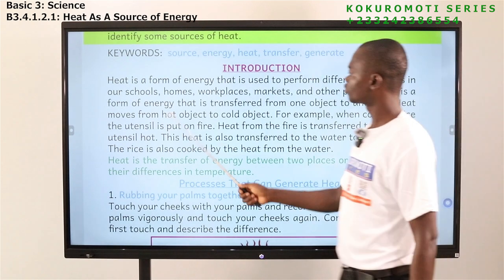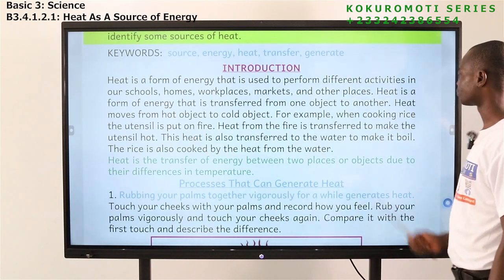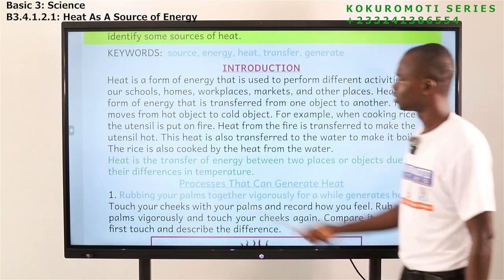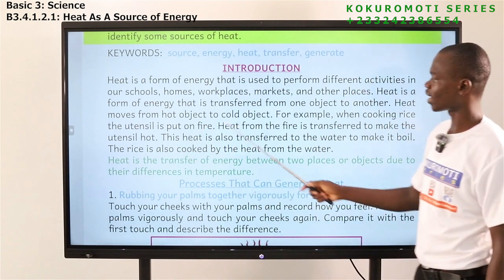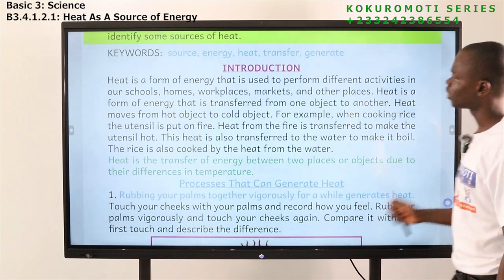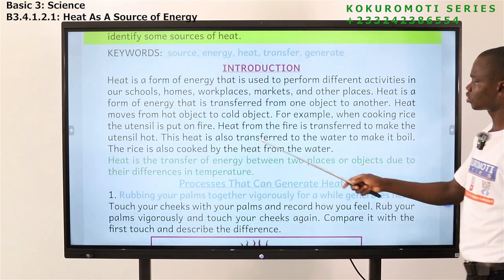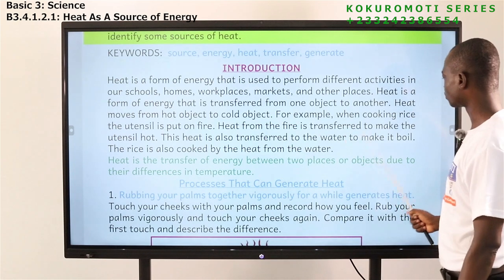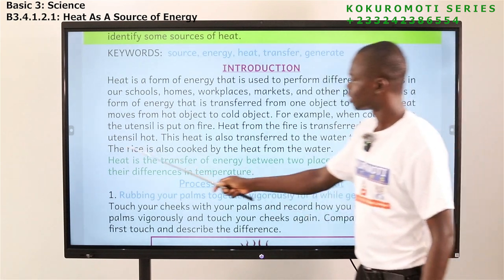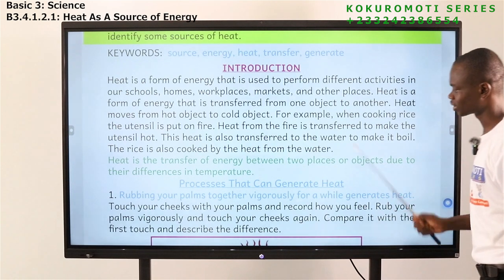Heat moves from hot objects to cold objects. For example, when cooking rice, the utensil is put on fire. Heat from the fire is transferred to make the utensil hot. This heat is also transferred to the water to make it boil. The rice is also cooked by the heat from the water.